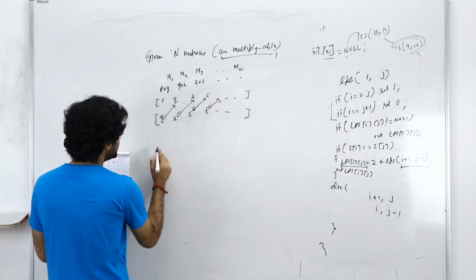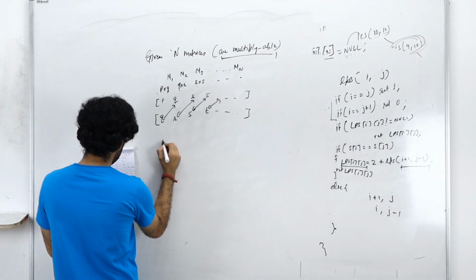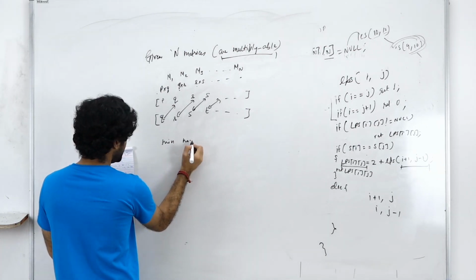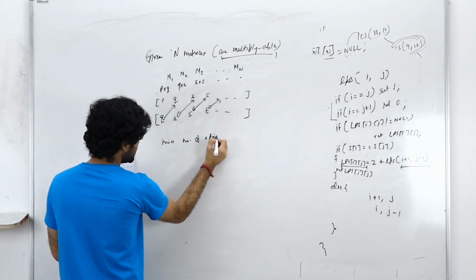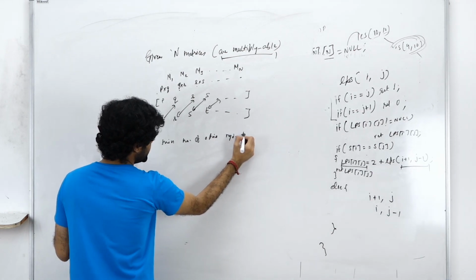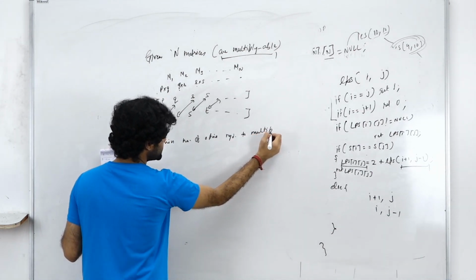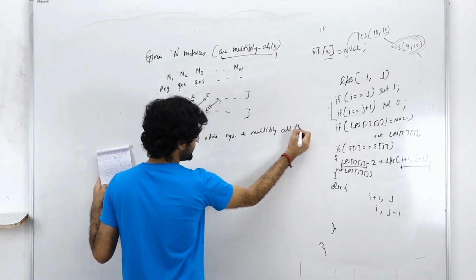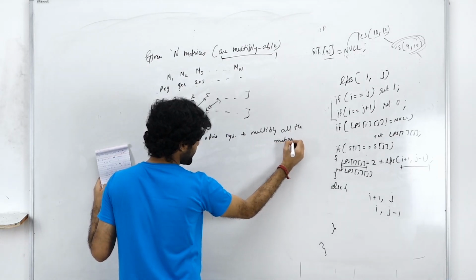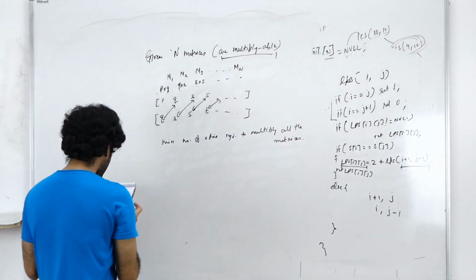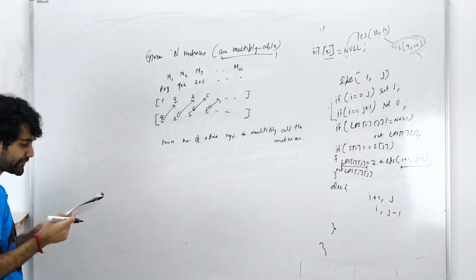So you have to tell me the minimum number of operations required to multiply all the matrices.